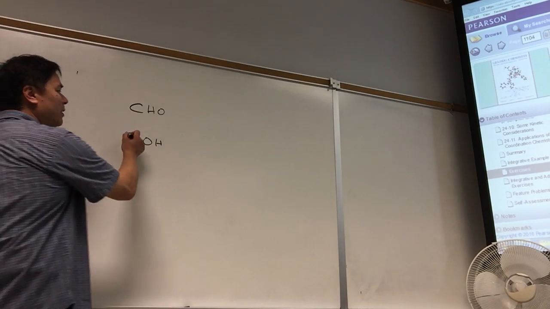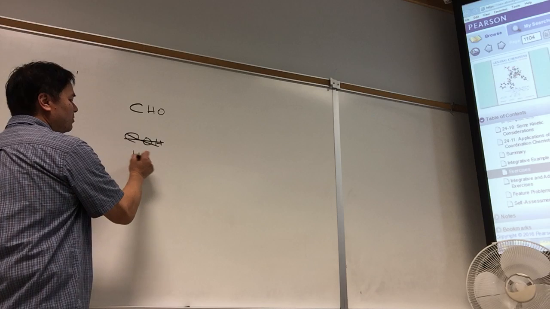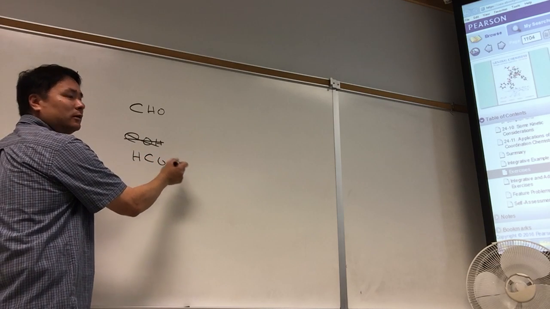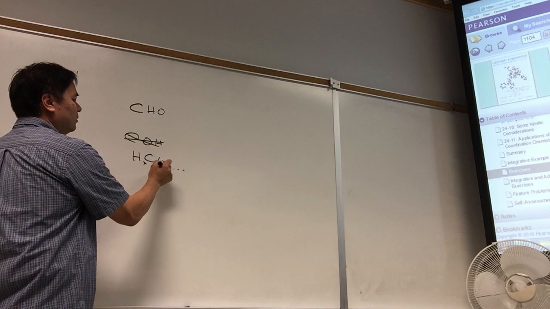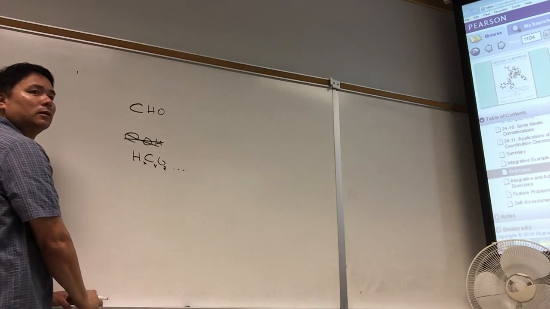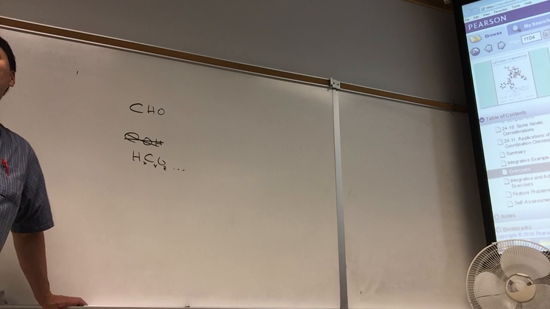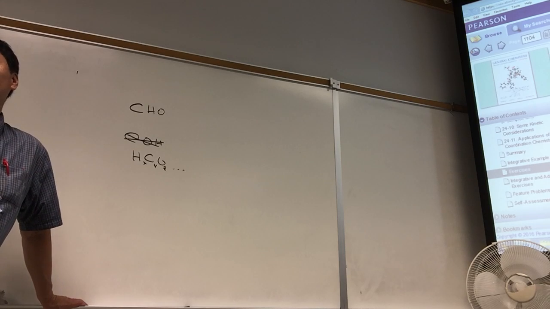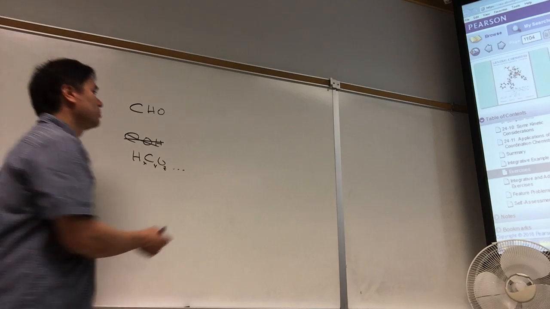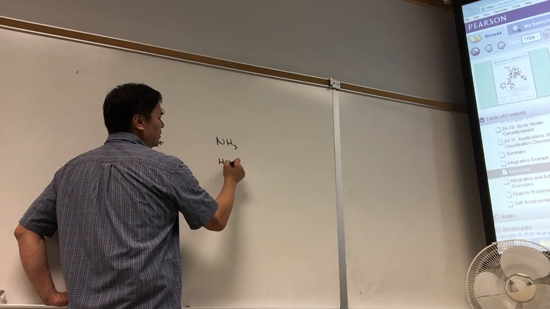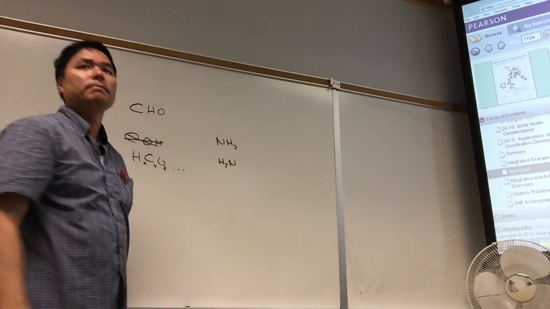Or if this is an acid, we write HCO, right? Do you see? There are inconsistencies about which element you write first. We see variations in the elements that we write first, and so sometimes we'll write NH3 like this, sometimes we'll write it H3N.